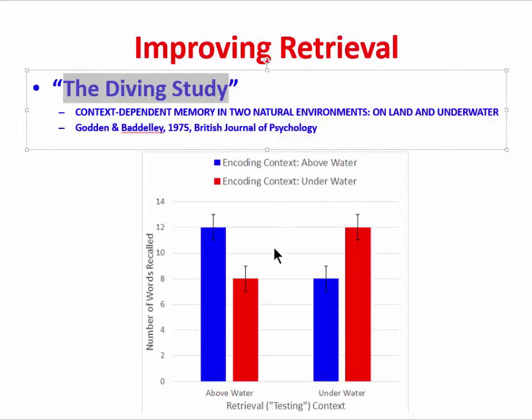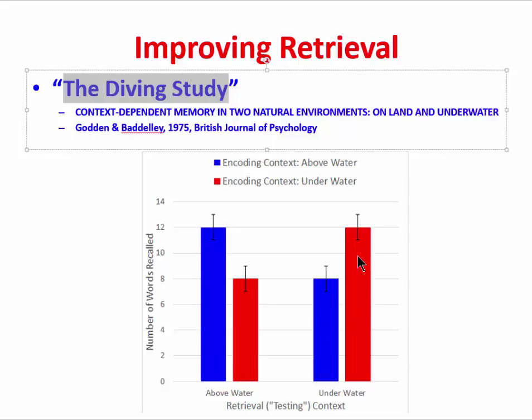So we have a 2x2 interaction here, because the effect of one variable, say the encoding variable, depends on the level of the retrieval variable. At this level, blue beats red, so above water encoding is associated with higher performance than underwater encoding, and that pattern reverses at the other level of the retrieval context variable. So this is a really nice example of a 2x2 interaction effect.